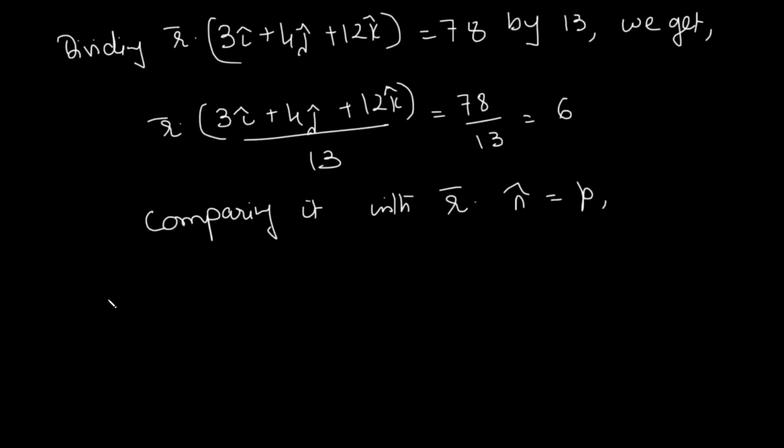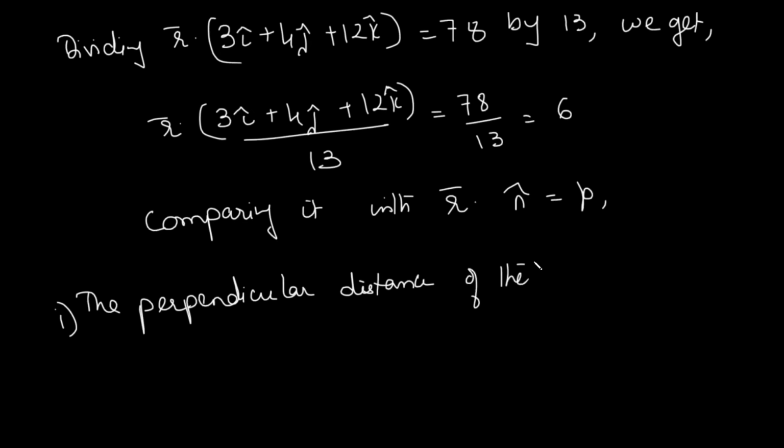So the perpendicular distance of the origin from the plane is coming out as 6 units, okay, is equal to 6.